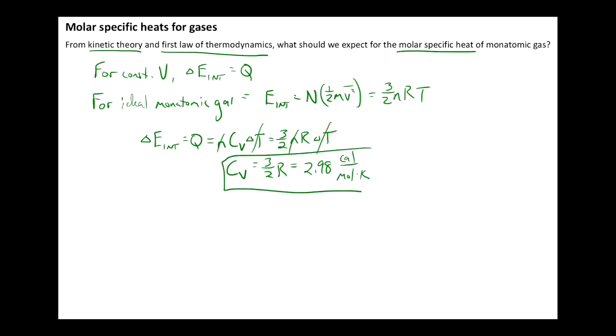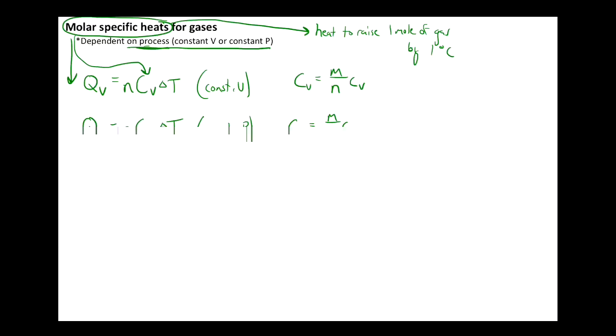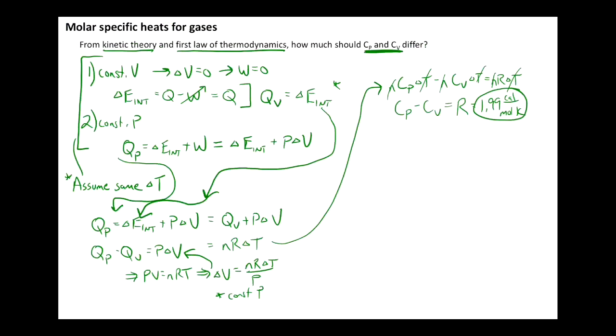And again, take a look at that 2 slides ago. 2.98 was exactly what we saw there. Okay? So the numbers that we get experimentally that are in this table agree with the first law of thermodynamics and kinetic theory. So all of these assumptions we've been making about gases seem to be legit. Okay? The equations give us the numbers that we see in experiments.